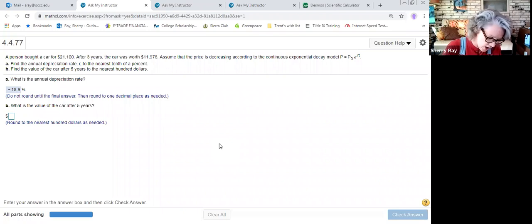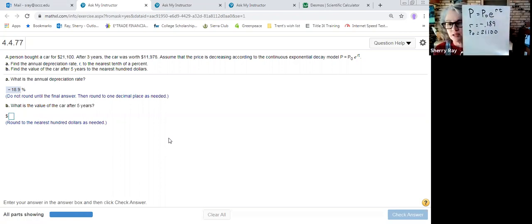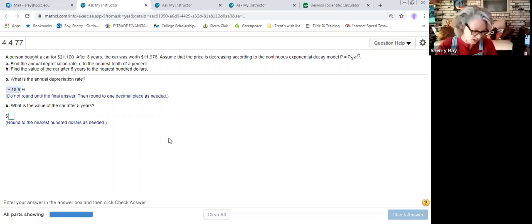So now R is negative 0.189, or negative 18.9%. My P naught remains the same. It's 21,100. Okay, so I'm putting these two numbers into my equation.